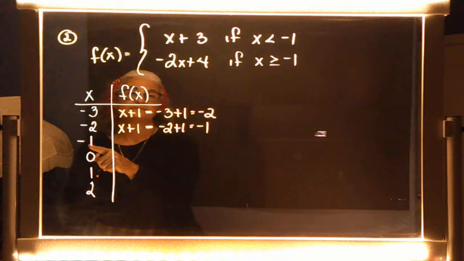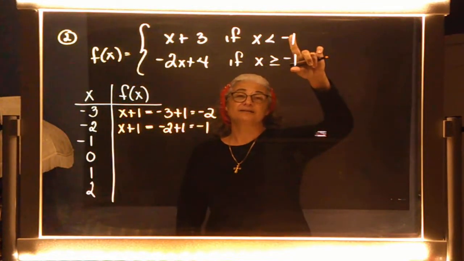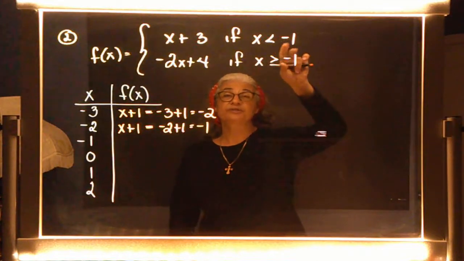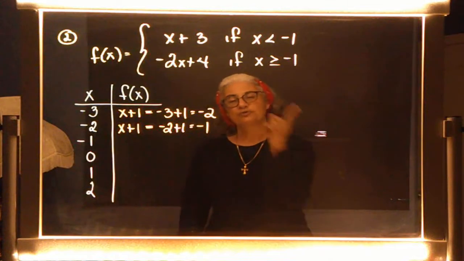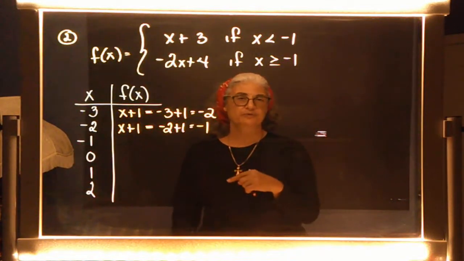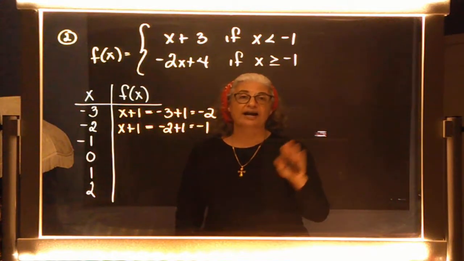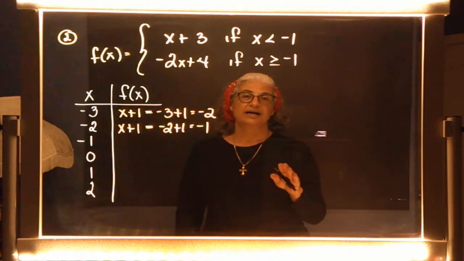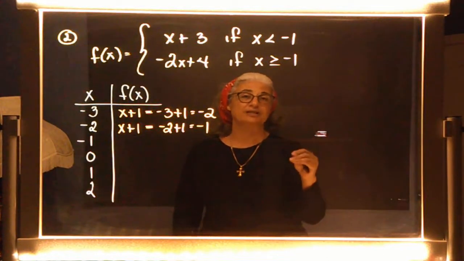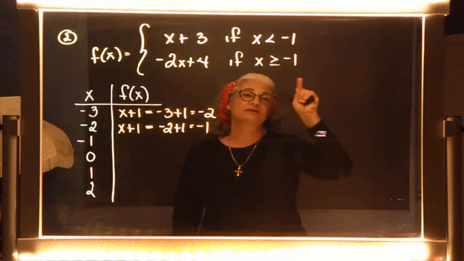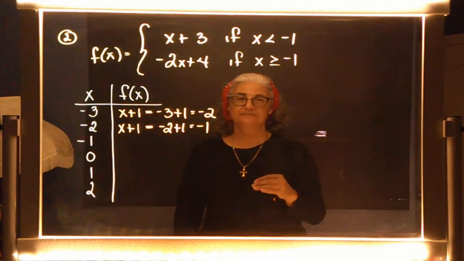Okay, negative 1. Now, negative 1 is my x value that switches from the first piece to the second piece, isn't it? Do you remember on the first problem that we did just a couple minutes ago, when I started graphing, I actually needed to plug 0 into that first piece so I could see where the first piece ended?